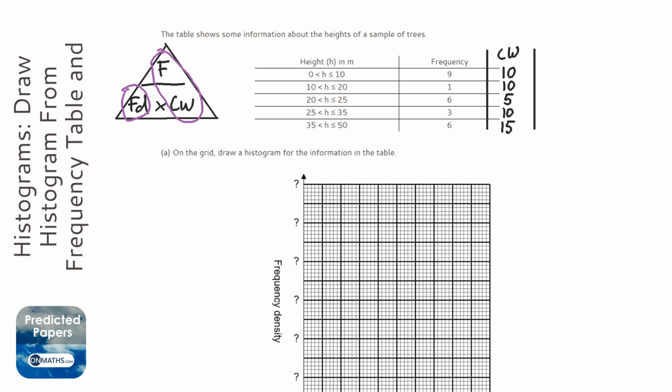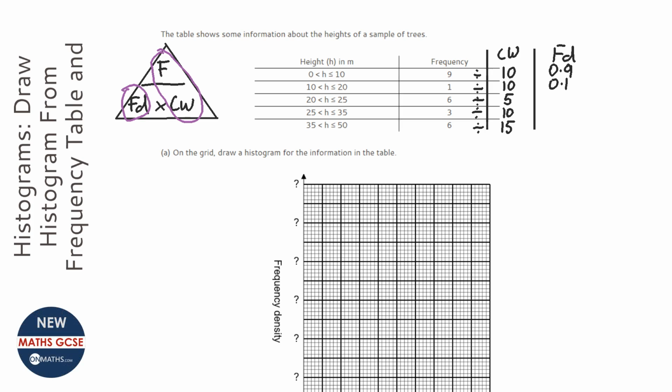So when I've got the class widths, I can work out the frequency density. And the frequency density is the frequency according to the triangle divided by the class width. I want to divide these. Okay, so we've got 9 divided by 10, which will be 0.9. 1 divided by 10, which is 0.1. 6 divided by 5, well that's 1.2. 3 divided by 10, which is 0.3.